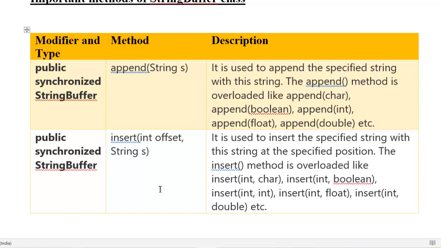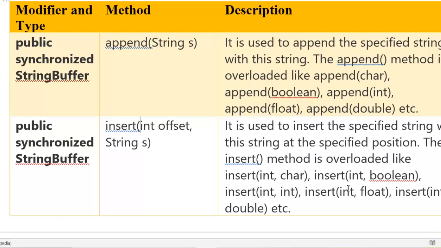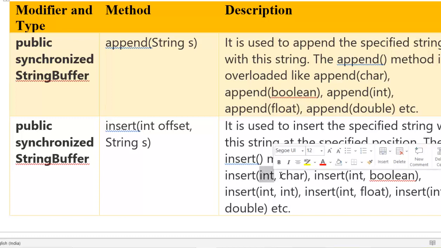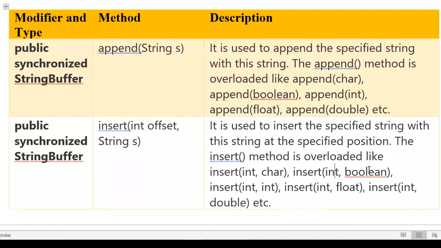Now insert is one more method that allows us to insert a word at a specific position. We give a specific position and some characters, like insert boolean. Let us do this too practically.